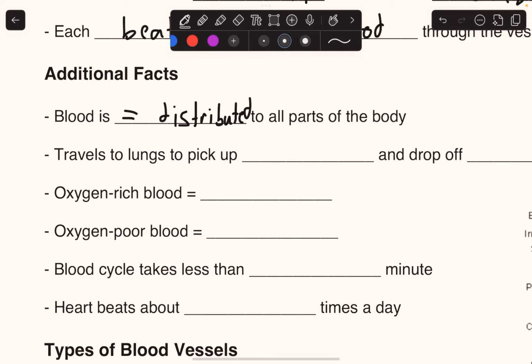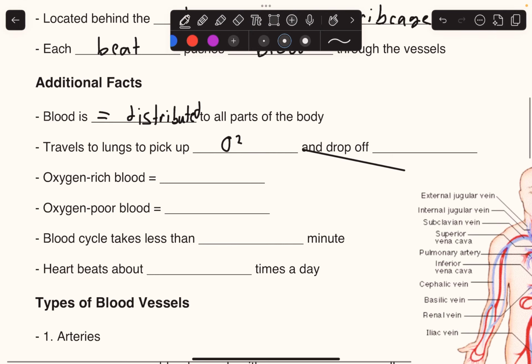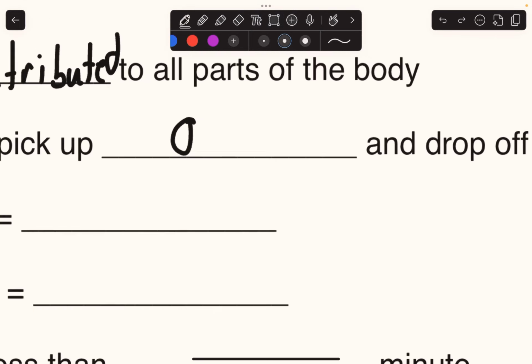Blood vessels travel to the lungs to pick up O2, which is oxygen, and drop it off at the heart, and from there it goes all the way to the different parts.